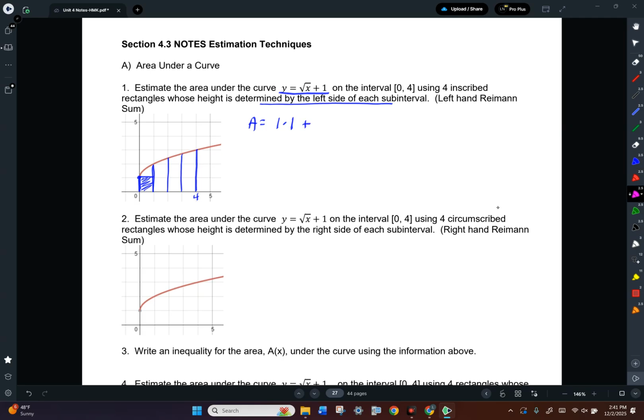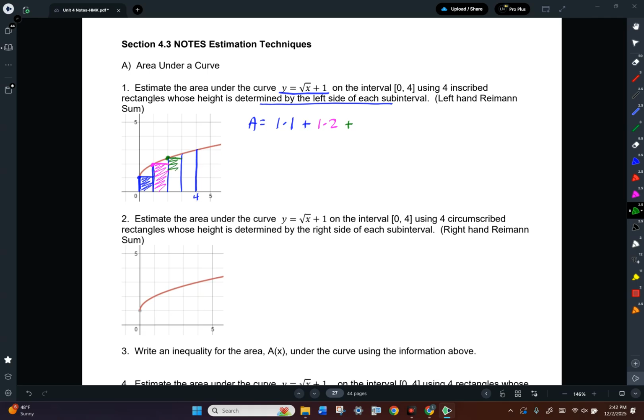Again, if I'm using the left side, so I'm looking between 1 and 2, the left side is right here when x equals 1, and the height of that rectangle would be 2. So the next rectangle is a base of 1 times a height of 2. And if I go to the next rectangle, the height is determined by the left side, which is somewhere here in the middle.